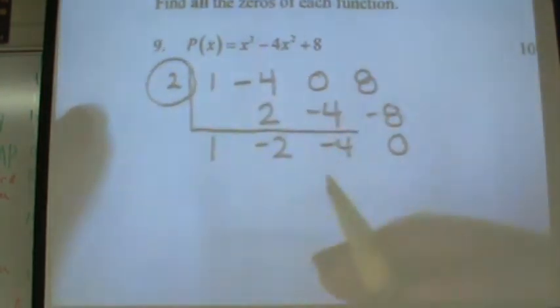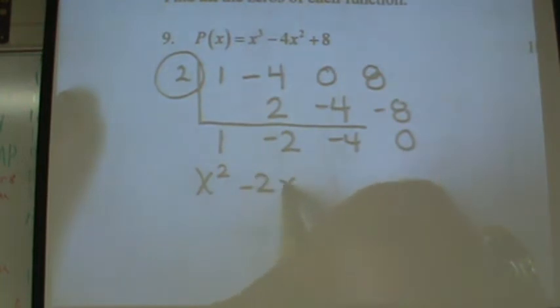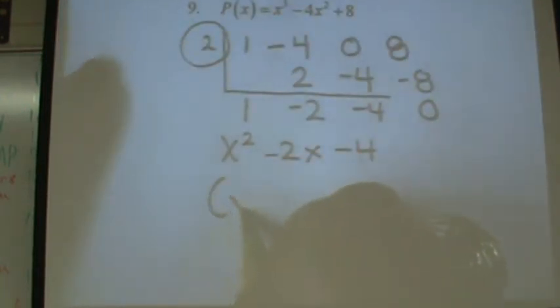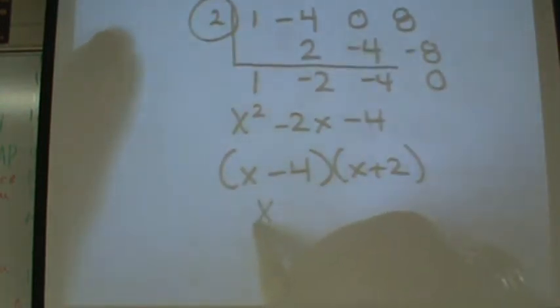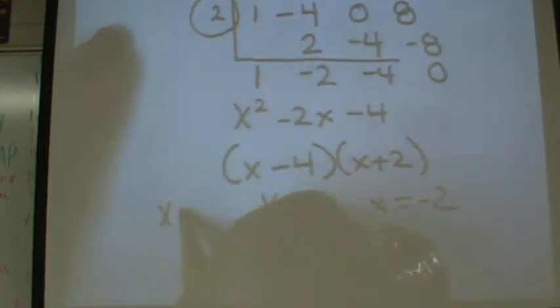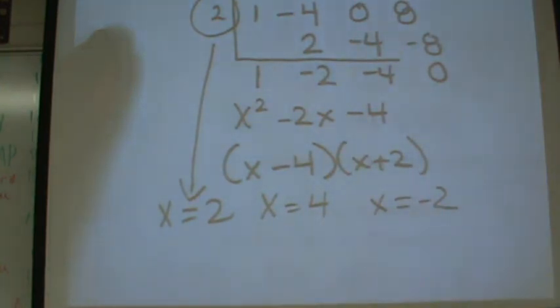So 2 is one of the zeros. To find the other ones, this is going to be x squared minus 2x minus 4. You will factor this to x minus 4, x plus 2. So the other 2 zeros are 4 and negative 2. So we have 2. 2 is one of the zeros, and 4 and negative 2 are the other ones.